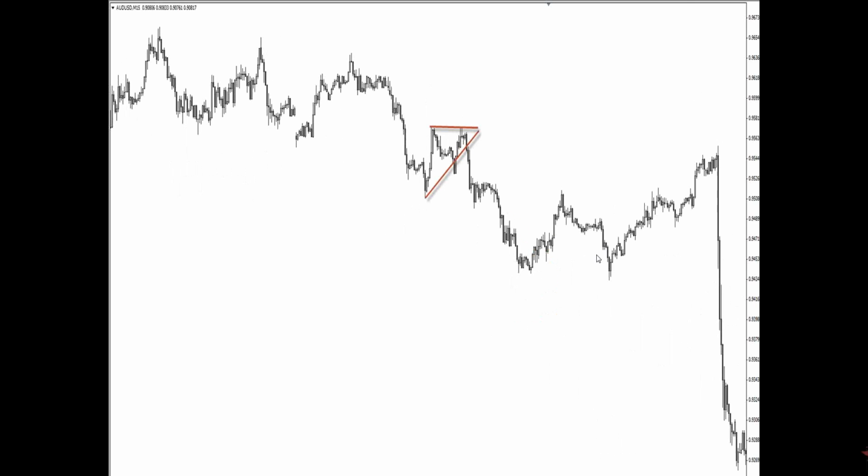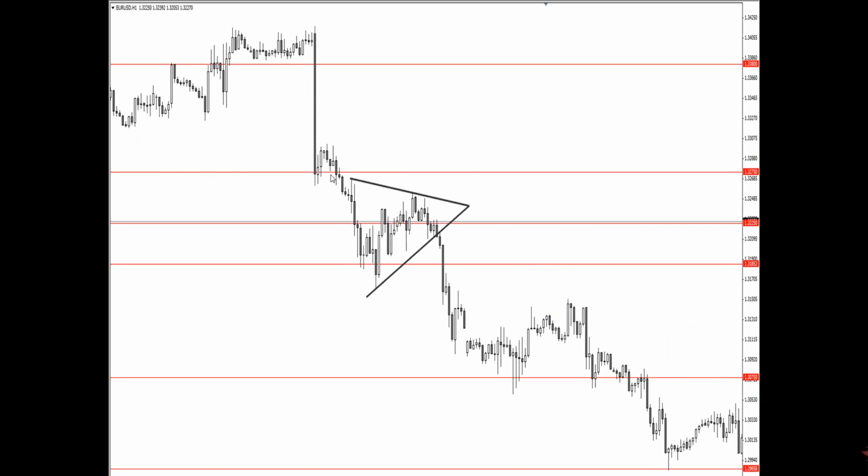If you want to take a look at those examples, you probably see that from this point when this trend line has been broken, euro in this example went to the downside. So basically, after the first swing, this was the start of a downside trend. When we see a triangle, we usually determine that the price will break out in the direction of the main trend.